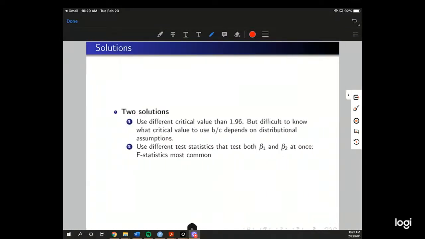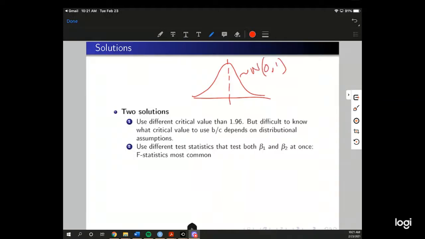Two solutions: we can use different critical values from 1.96, but it's difficult to know what the critical values would be because those critical values depend on the distributional assumptions. So we usually think of negative 1.96 as our critical value, but this depends on having a standard normal distribution curve, right?